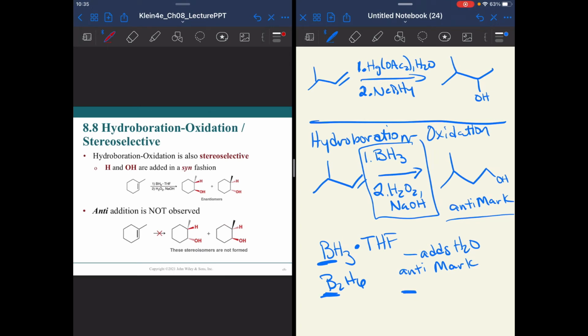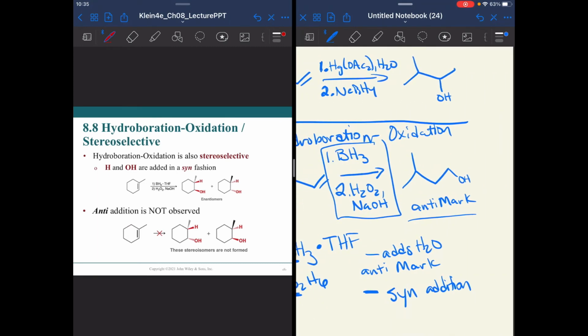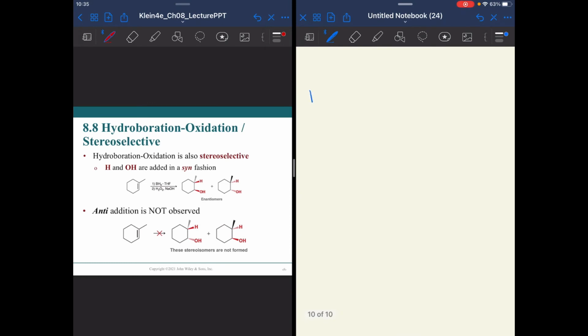It also has specific stereochemistry, which we haven't really seen before now. The specific stereochemistry is called a Syn addition. And there is discussion of that in your book around open chains. I will only ever use rings to test your knowledge on Syn versus anti-addition. So this is easiest to see when we are looking at a ring.